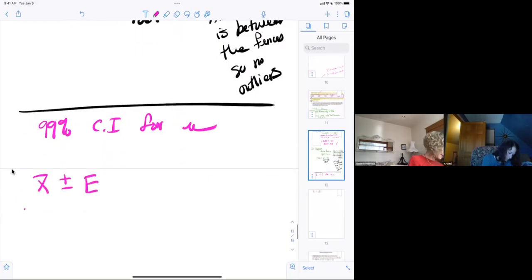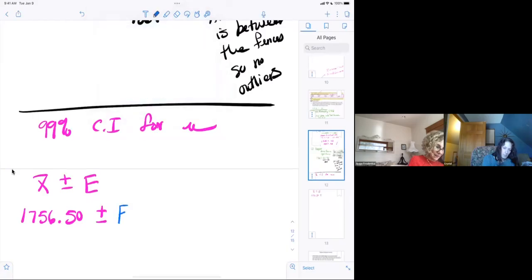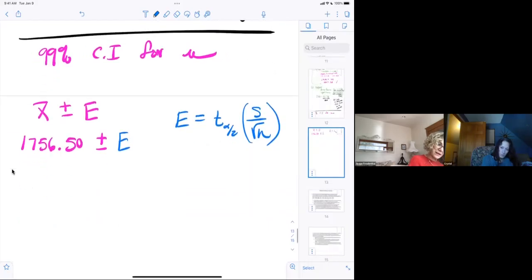X bar is $1,756.50 plus or minus, and we need to calculate this error. The error is critical value T sub alpha over 2 times S over the square root of n. So I need to find the critical value.